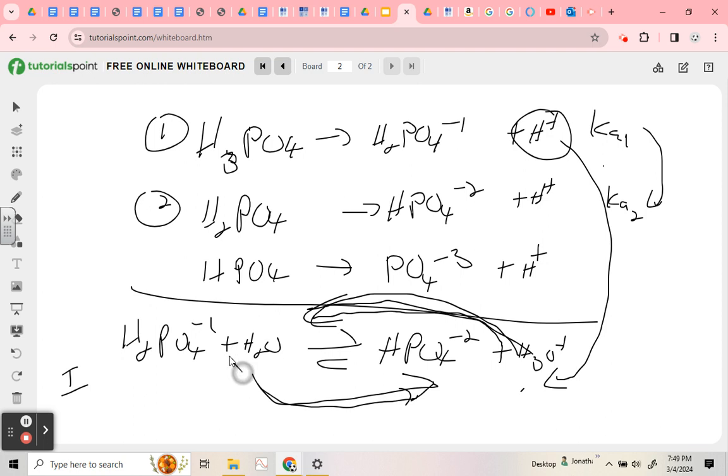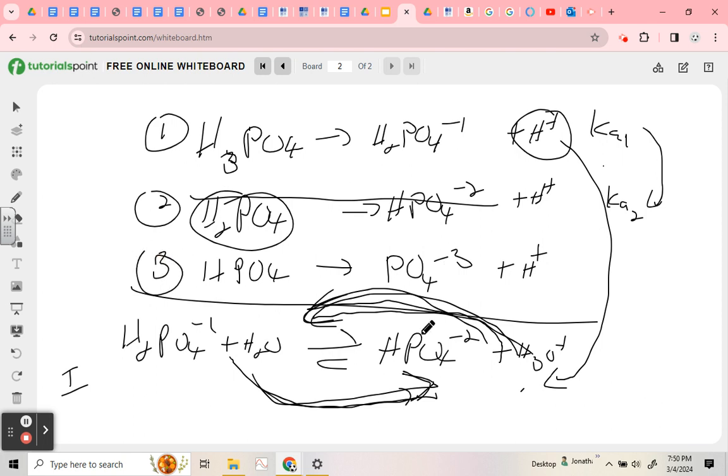So one more time, this was barely going to happen to the right anyway. The fact that there's already H3O⁺ in solution before any of the H2PO4⁻ starts to dissociate means that it's going to push the reaction to the left, and we can basically ignore any H3O⁺ contributions from any other substance.